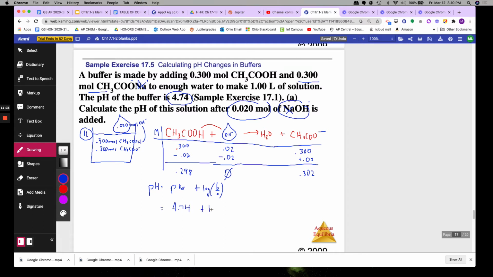Plus log of base is 0.302 over 0.298. Okay.